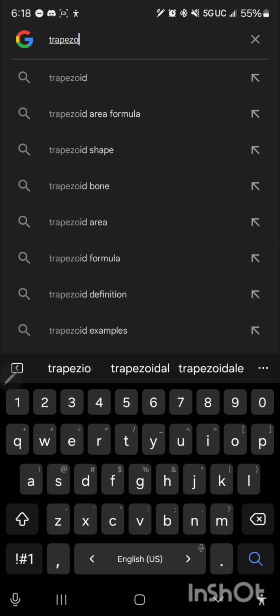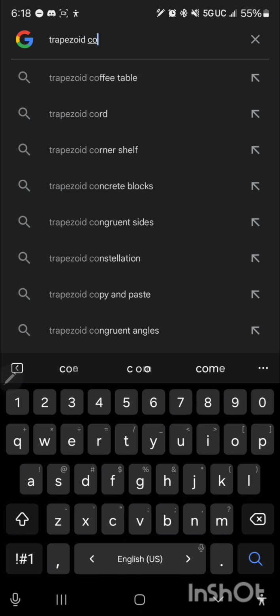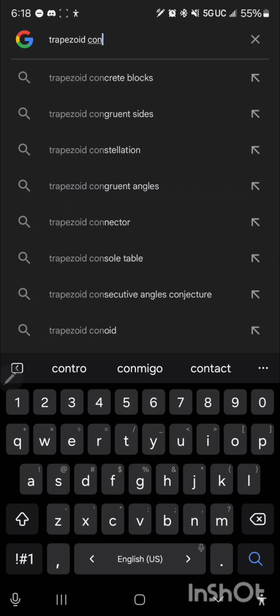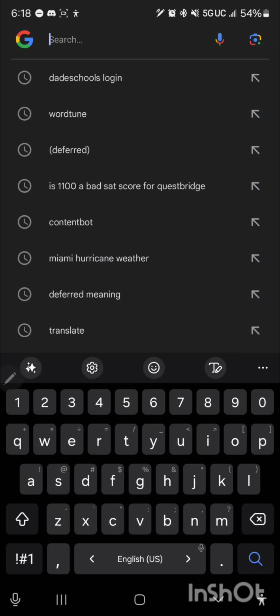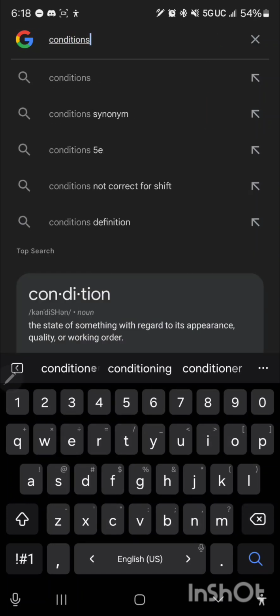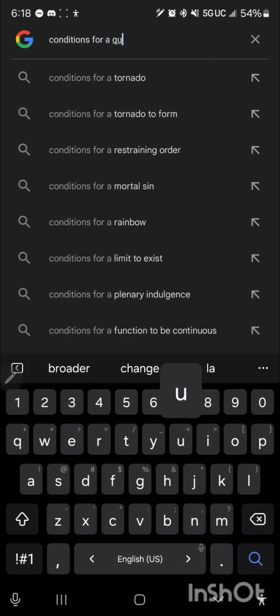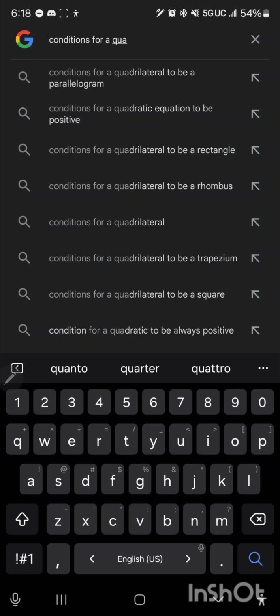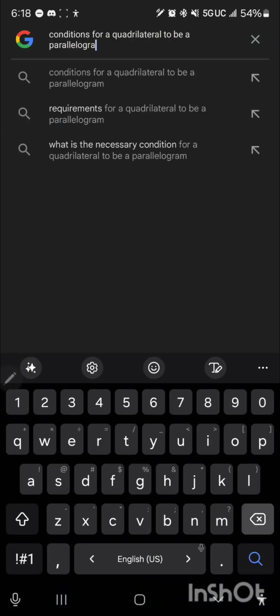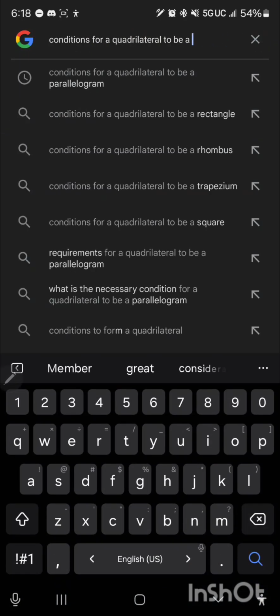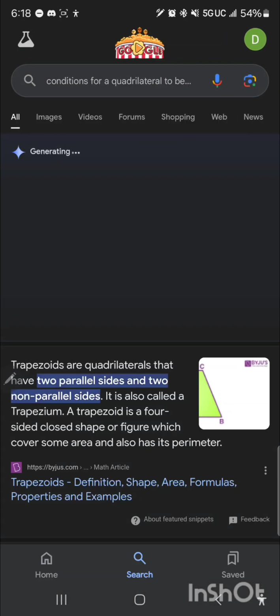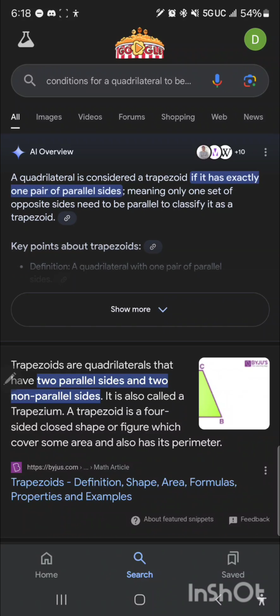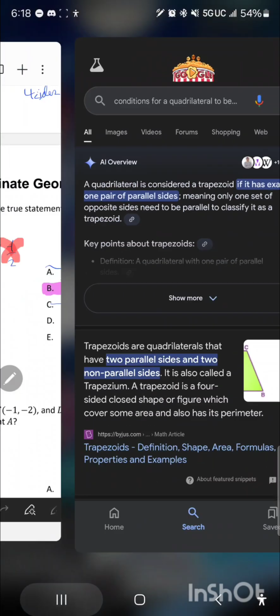I don't want to say anything wrong. Condition for a quadrilateral to be a trapezoid. I just don't want to say anything wrong. Okay, yes, exactly what I was going to say.